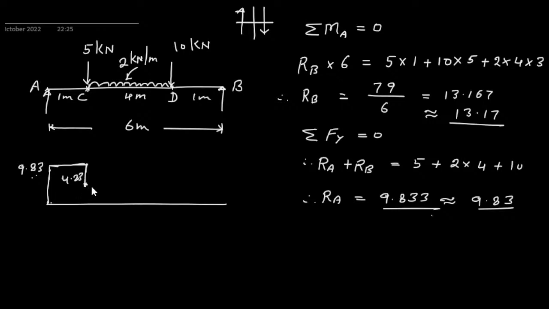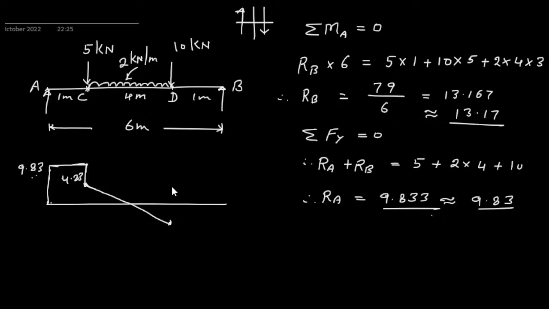So 4.83 minus 8, I will get negative 3.17. So at point D there will be a negative value, 3.17. So this will go like this.